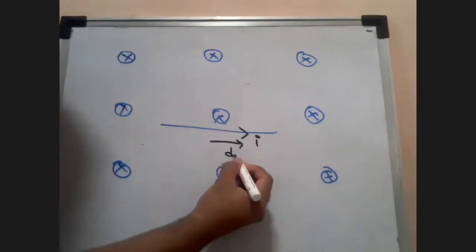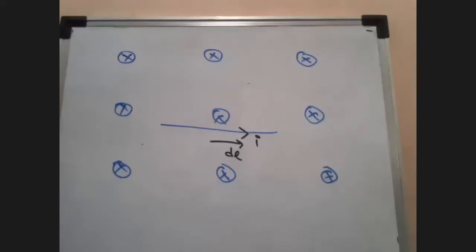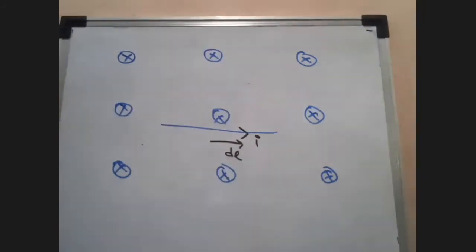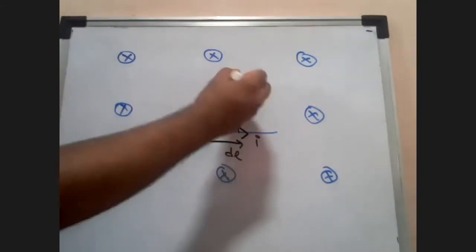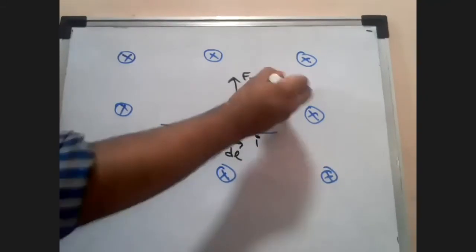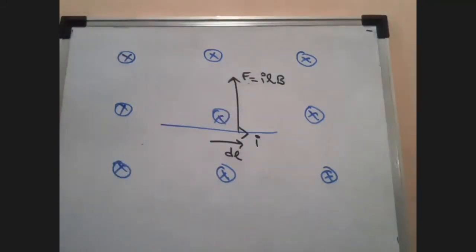As we go to complex sums, it becomes difficult. So here, I goes here, you take a vector dl in the same direction, apply the right hand rule, curl your fingers, and the magnetic force comes out upwards. So F is again ILB, because theta is again equal to pi by 2.